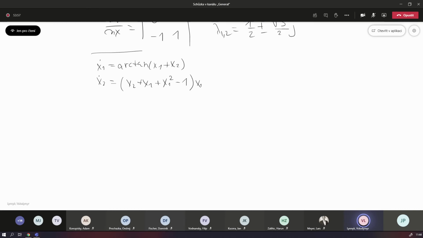Okay, and let's determine all equilibrium points and their local properties by the first Lyapunov method.